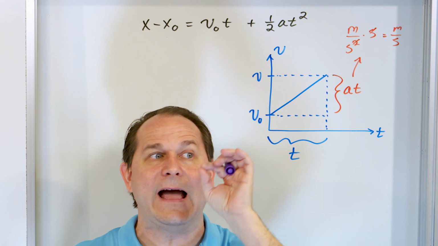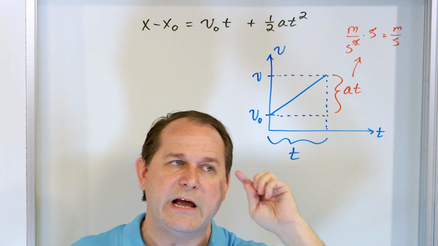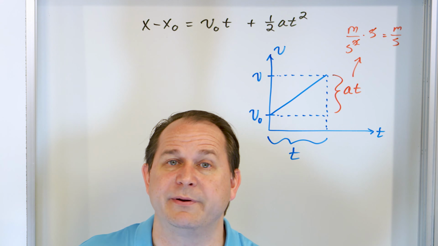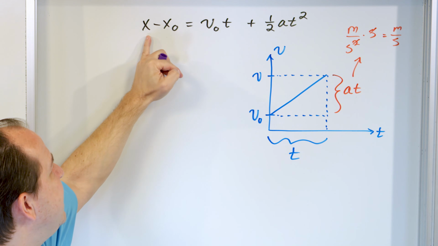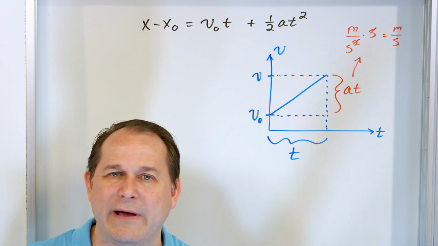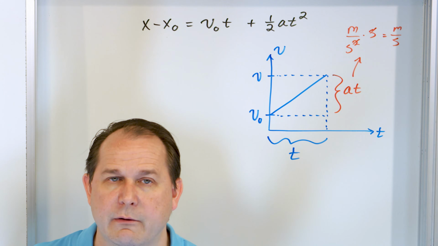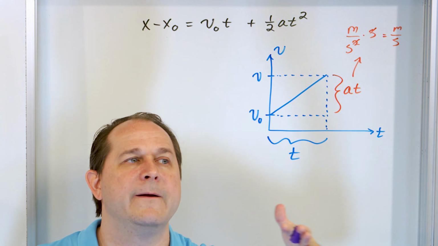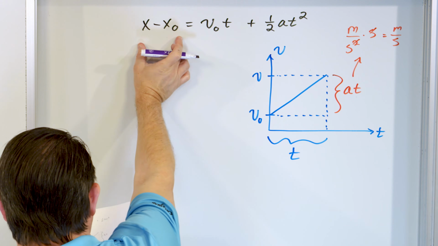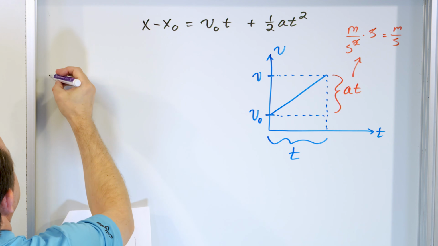So anytime you see x minus x naught written in an equation, in your mind think, oh, that's delta x. That's how far I've moved beyond my initial position. Usually x naught is 0, but that's why we have it there in case x naught isn't 0. If I start my motion somewhere else, I can still use the equations, okay? But this quantity, x minus x naught, is the distance I travel.